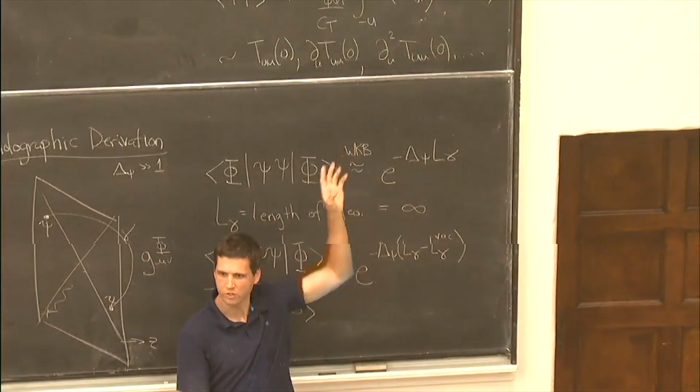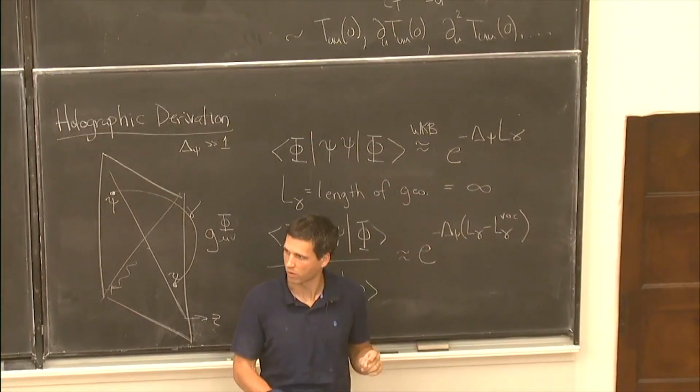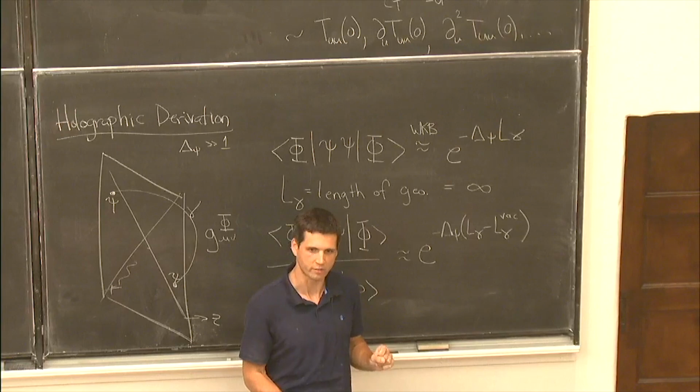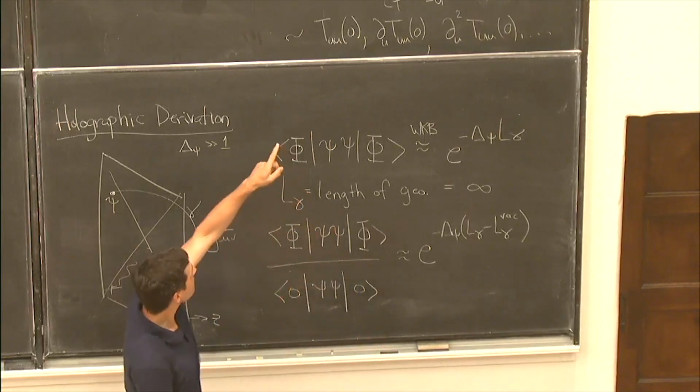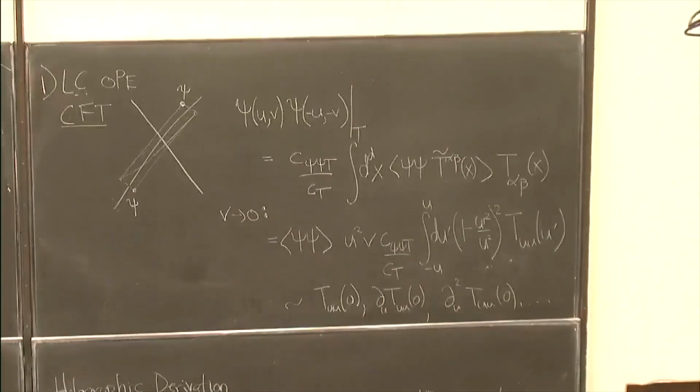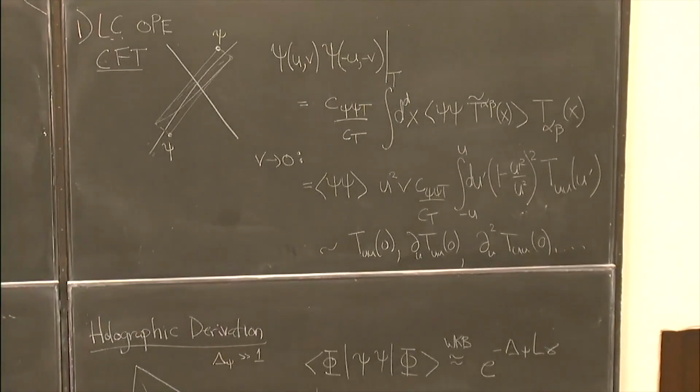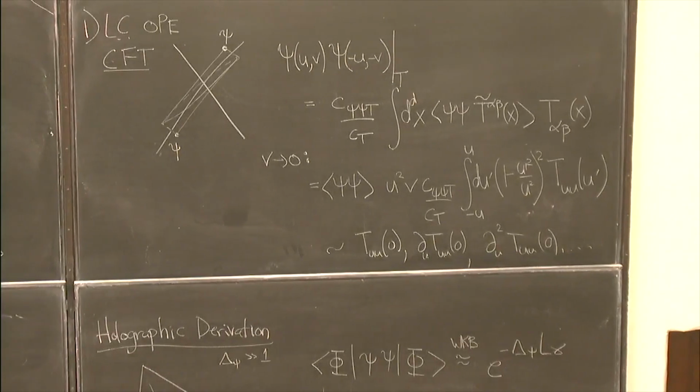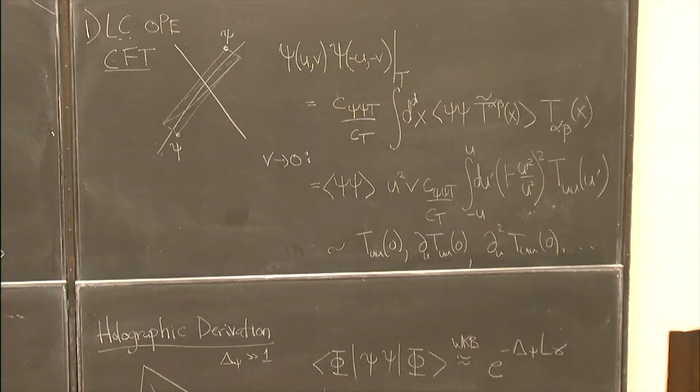There's a prefactor here that's important, and the prefactor also works out exactly right. On the CFT side, you use the Ward identity to set this prefactor equal to delta psi times some factor, and then if you carefully do all the prefactors over here, everything agrees, the prefactor too.